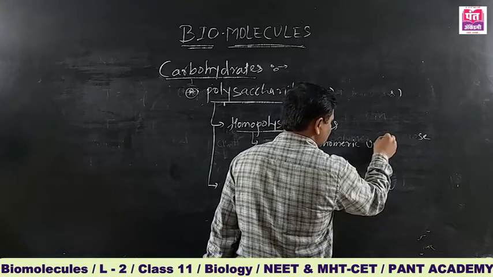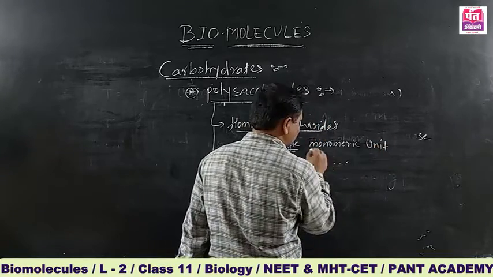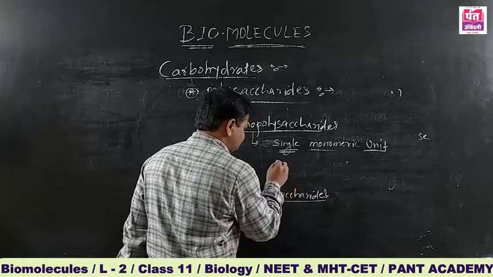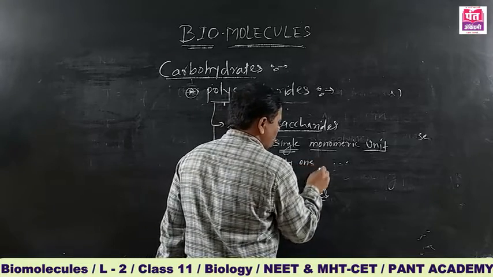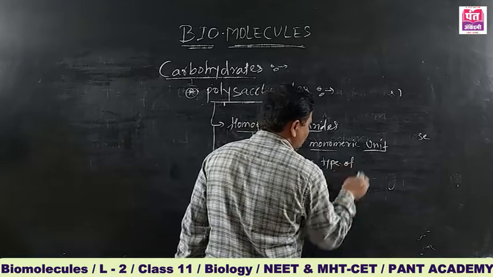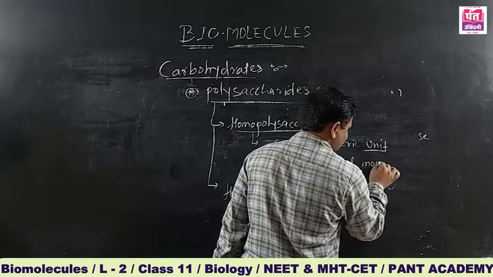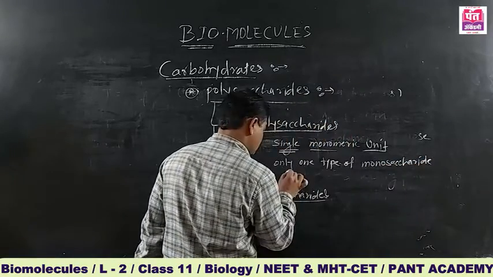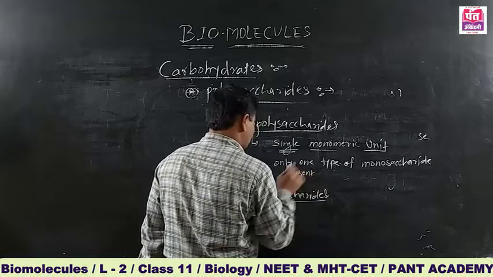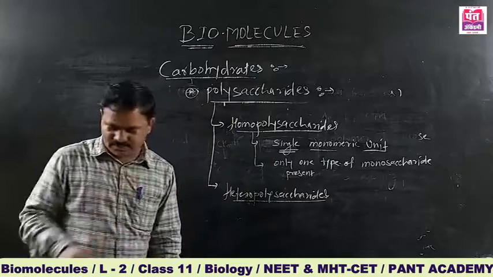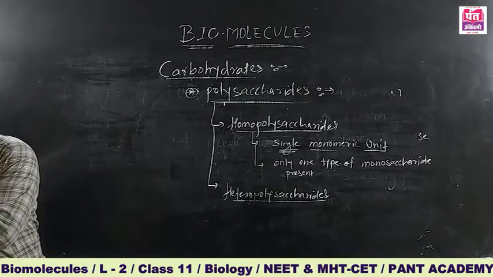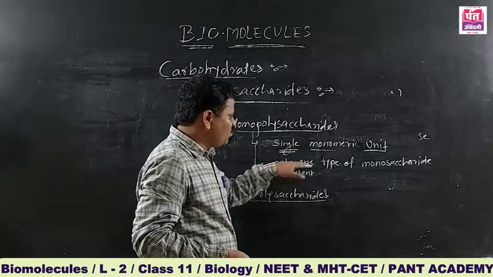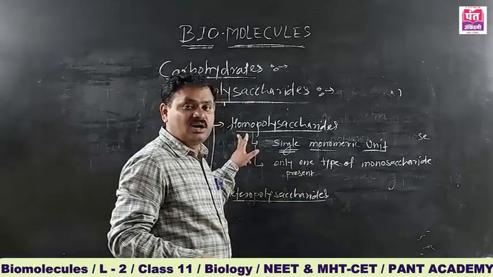Remember, single monomeric unit means only one type of monosaccharide is present in its polymer. Single monomeric unit means only one type of monosaccharide is present in the homopolysaccharide.